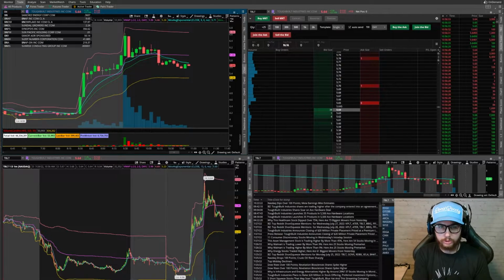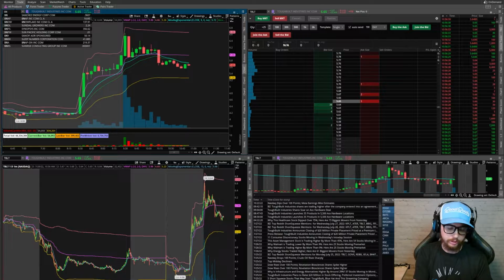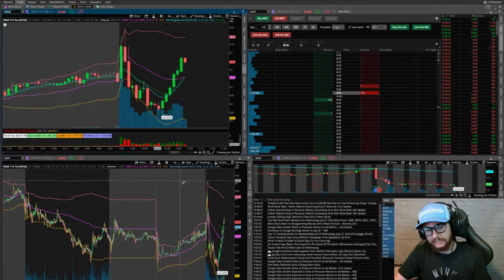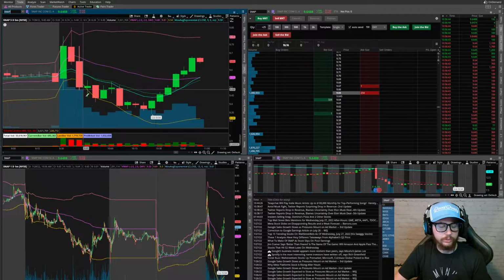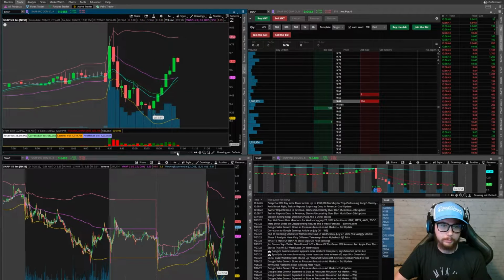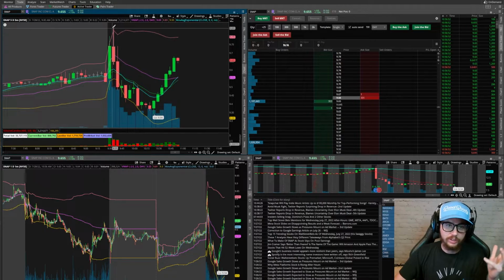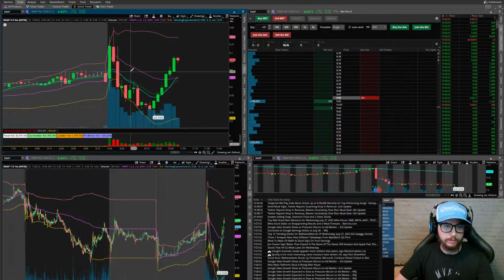Generally speaking, if we're talking about 5-minute pullbacks, it's going to be the high momentum gappers, small cap stocks that we're trading, things like that. But if you look at Snap today, I wouldn't even call this a 5-minute pullback. This is just a giant retracement.